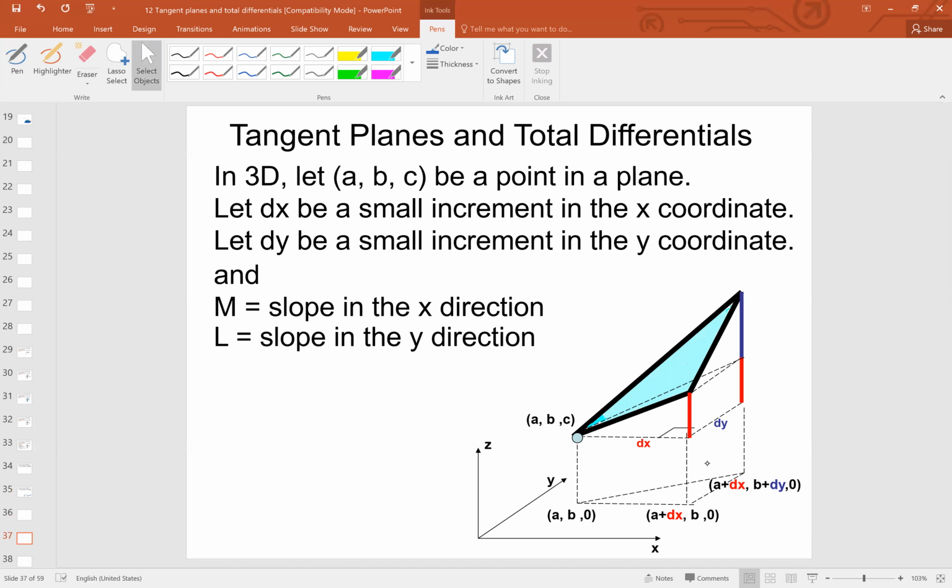And the question is, suppose now I have a plane that contains the point a, b, c, and suppose this plane sits in space in such a manner that the slope in the x direction of this line is m, but from this side, in the YZ side, the slope of this is L.